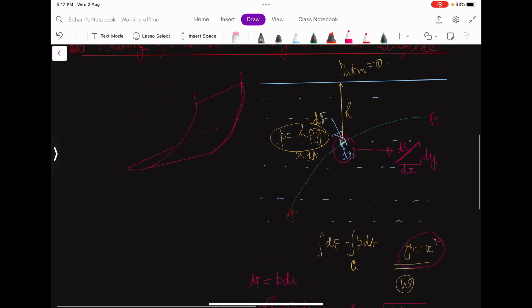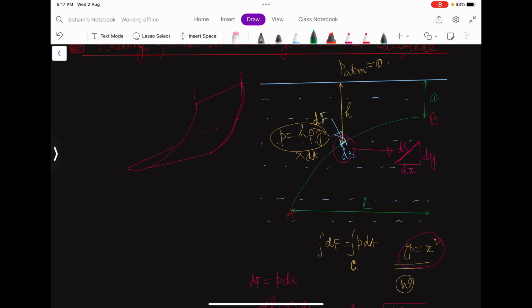Now let us say that you are given this height as small a, and you are also given this much length. Let us say that this is l.